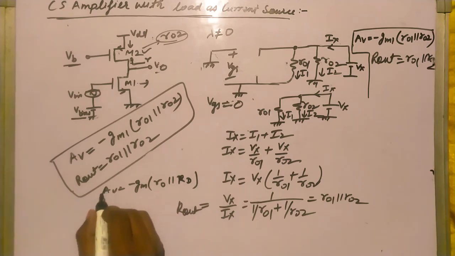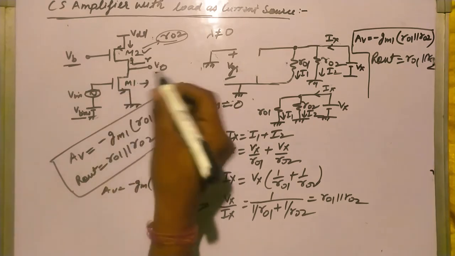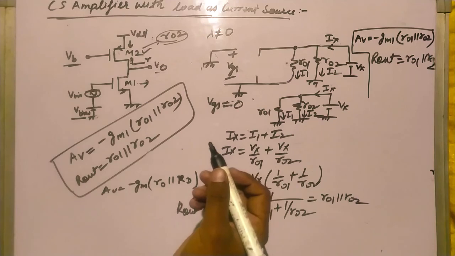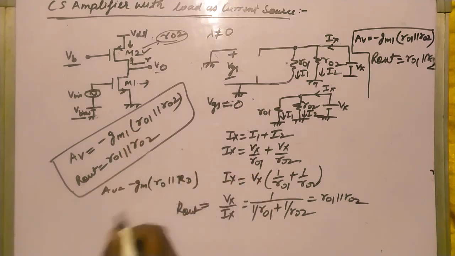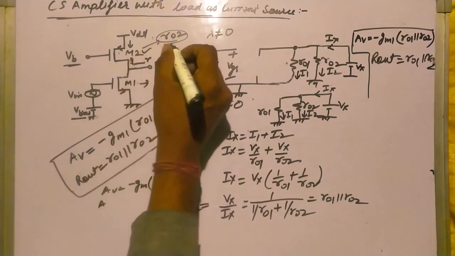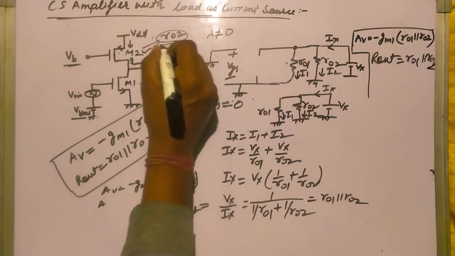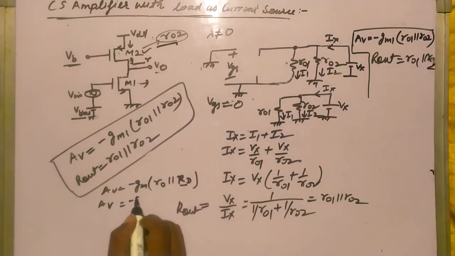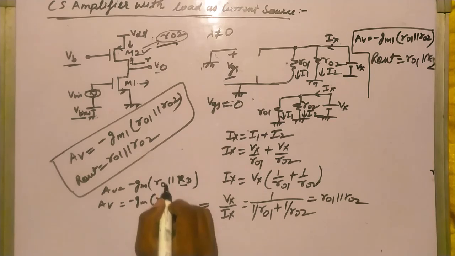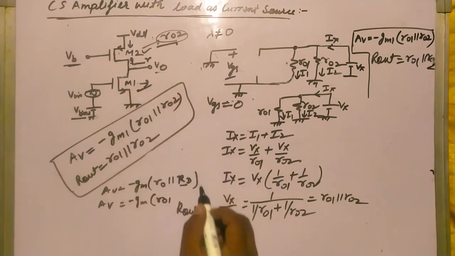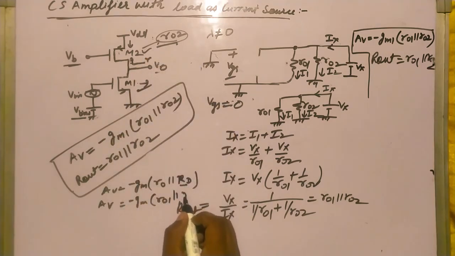This is the gain for the resistive load. In this case, in place of RD, I am getting R naught 1. So AV equals minus GM R naught 1 for this MOSFET and R naught 2 for this. So simple it is to calculate.